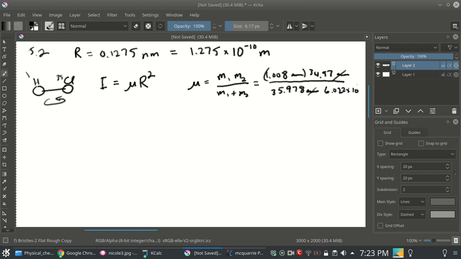But we want kilograms. So I use 26 here instead of 23. So that is 6.022 times 10 to the 26th AMUs per kilogram. The AMUs will cancel. The kilograms will end up on top.